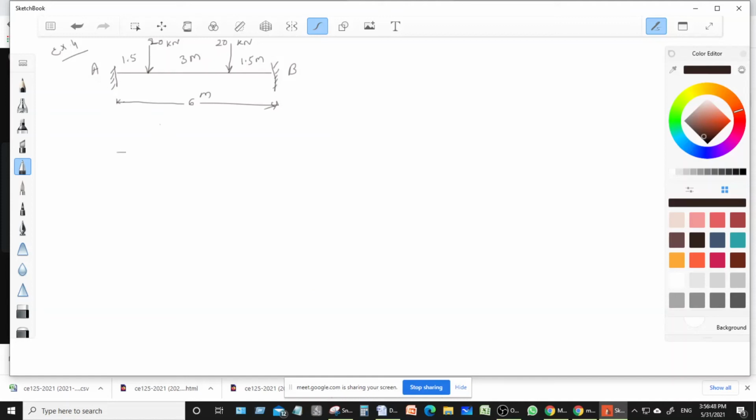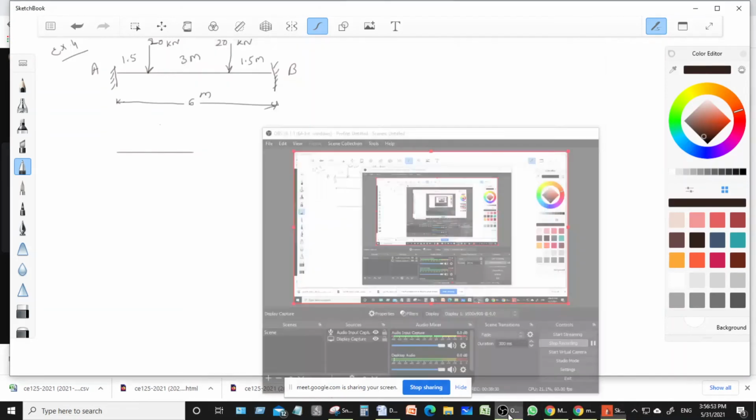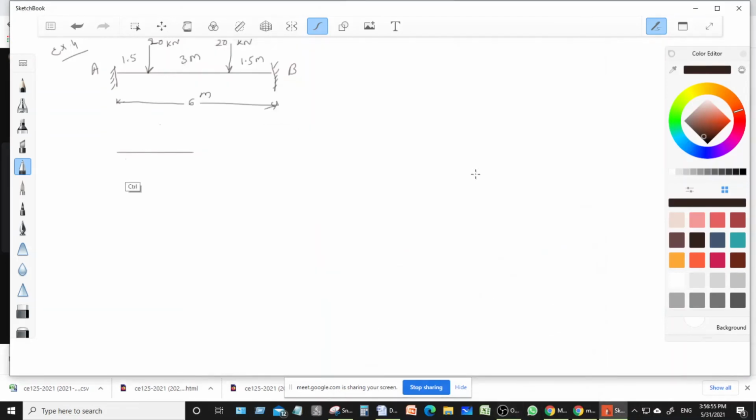So let me convert this beam into the simply supported beam, without changing the location of the forces and without changing the span, and we convert it into the simply supported beam AB.